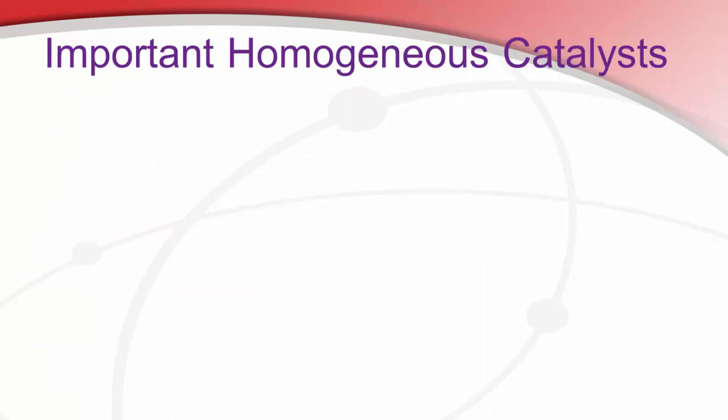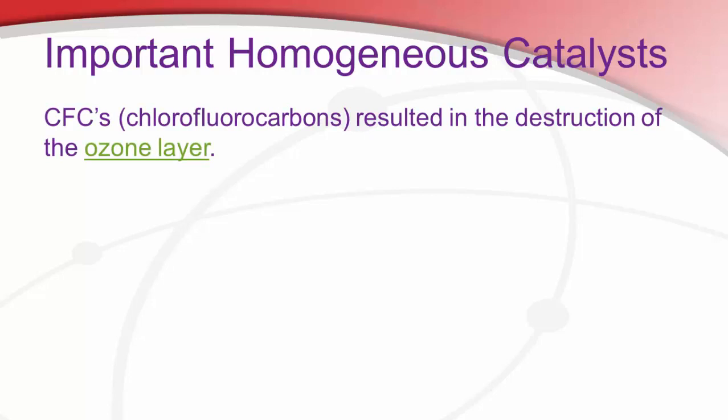Okay, so let's talk about some homogeneous catalysts. So remember, homogeneous catalysts are in the same phase as the reactants. Now, one of the most important is the destruction of ozone.